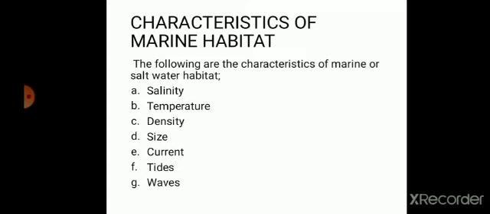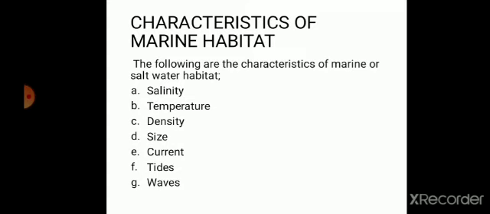When you talk of current here, it doesn't mean current in electricity. It is talking about the speed of movement of water in the marine habitat. The current of the marine habitat is faster and rushes more than that of freshwater habitats.